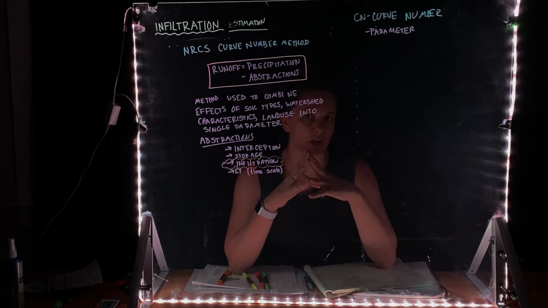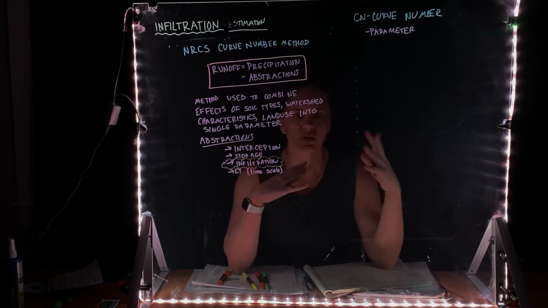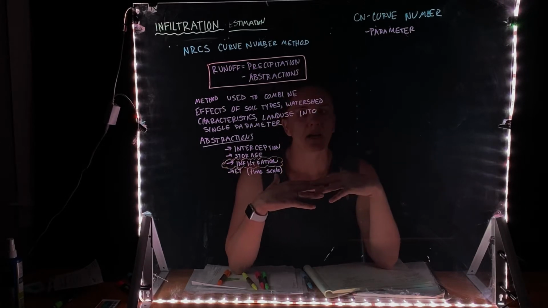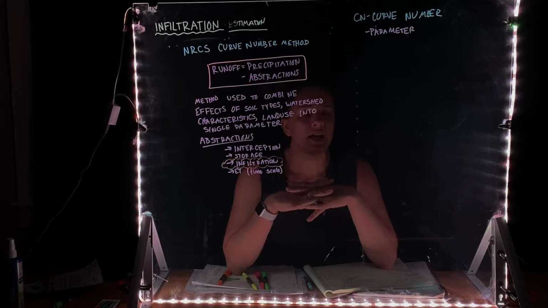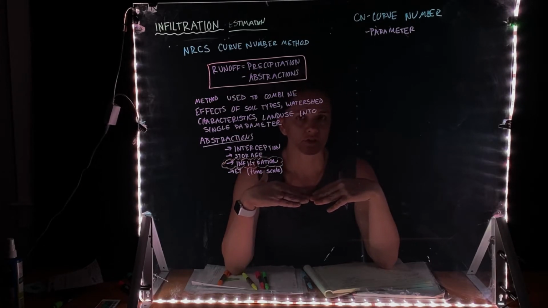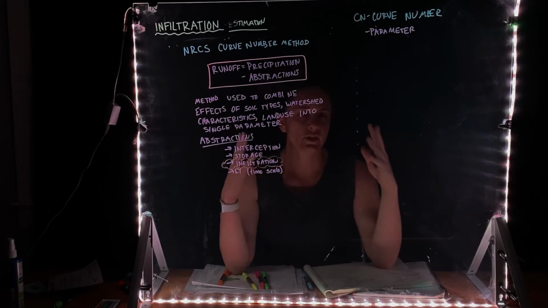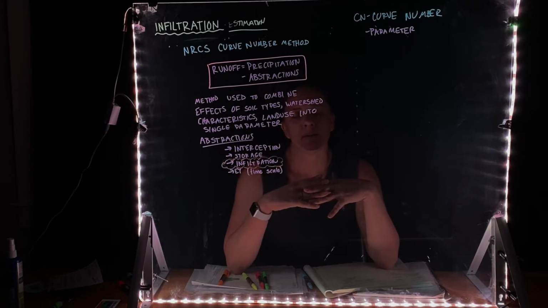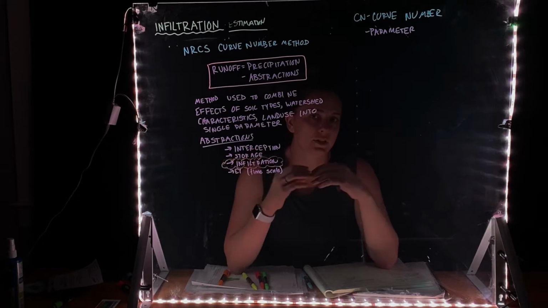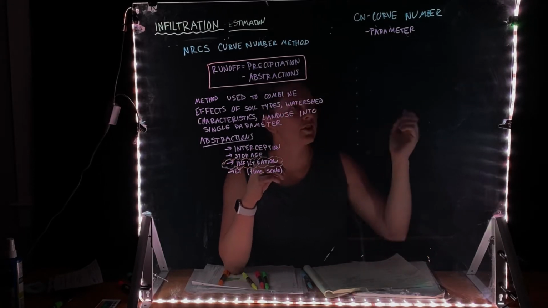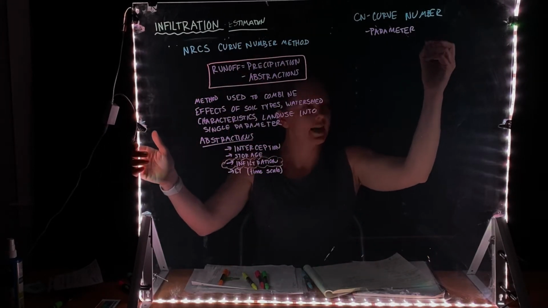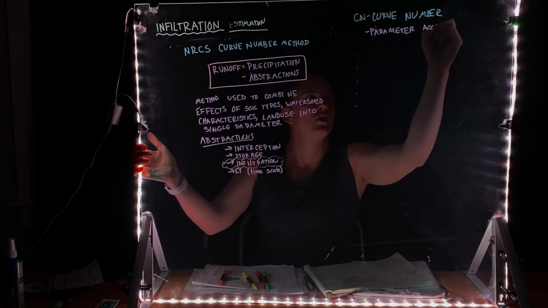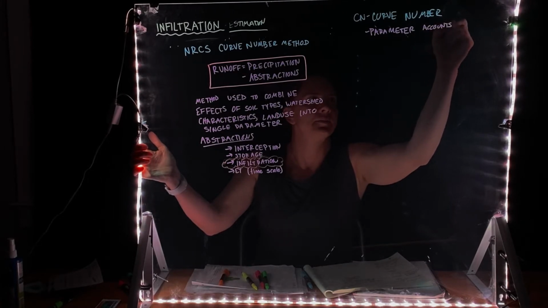So they were able to gauge and measure the inflow and the outflow, and then derive these abstractions from there. And because they've done it for so many watersheds, it's sort of like an average condition based on some parameters that we'll talk about. And so you can apply it to really any watershed in the U.S. So the curve number is a parameter that accounts for all these abstractions.